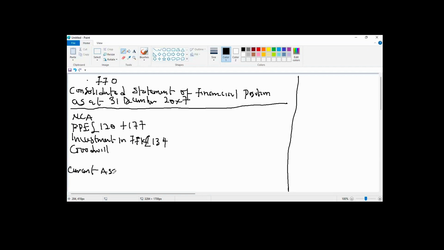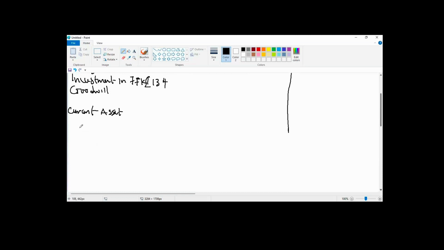Current assets. We have inventory, N plus 5. Receivables.